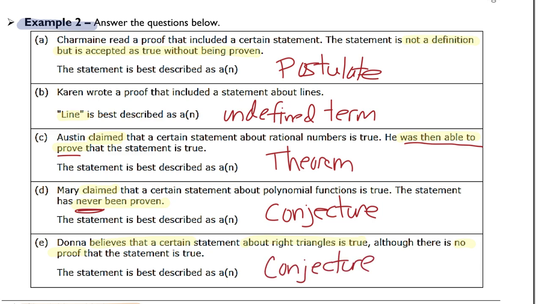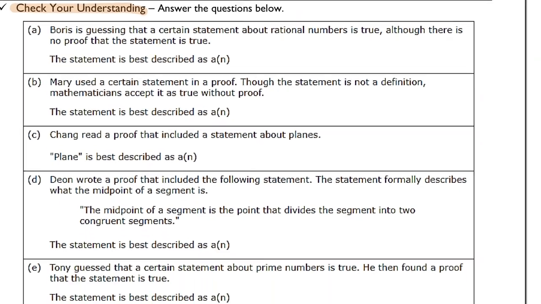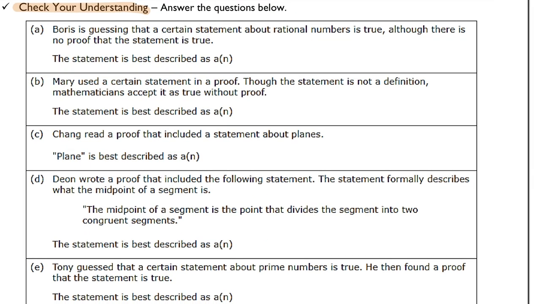So if you believe something to be true or claim it to be true, that is a conjecture. And if we never prove it, that still remains a conjecture. But if I actually do prove it, like up here, it was able to be proved, then it turns into a theorem.